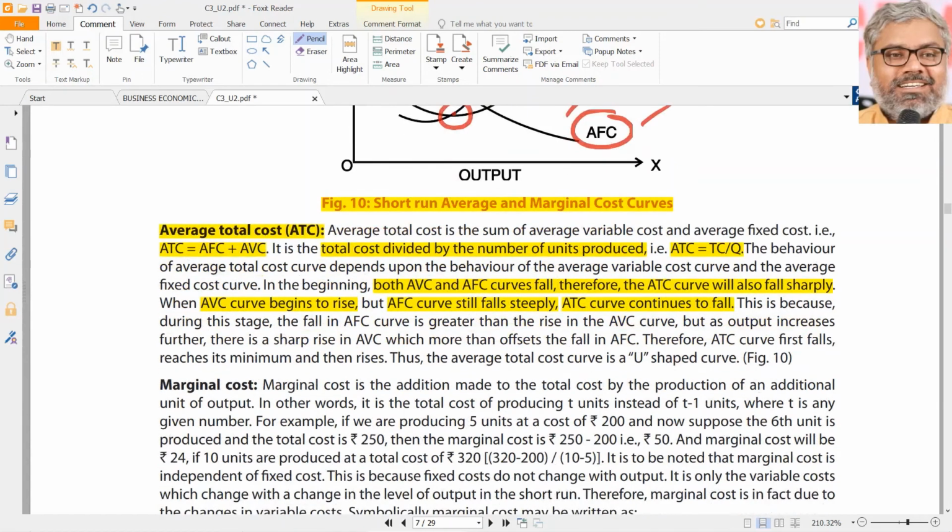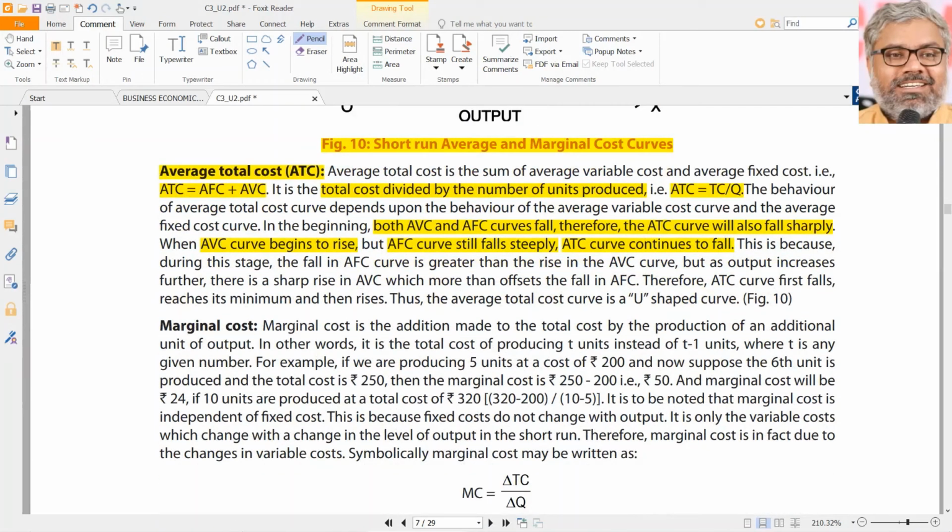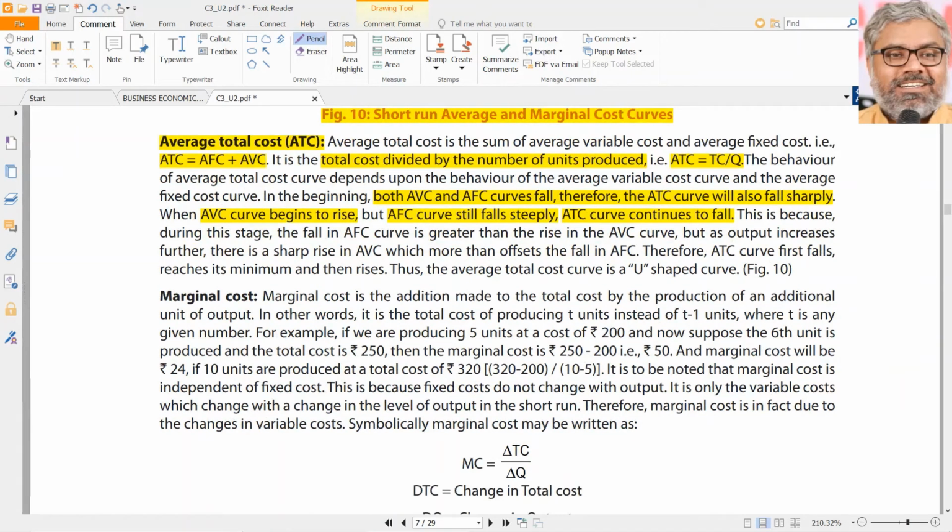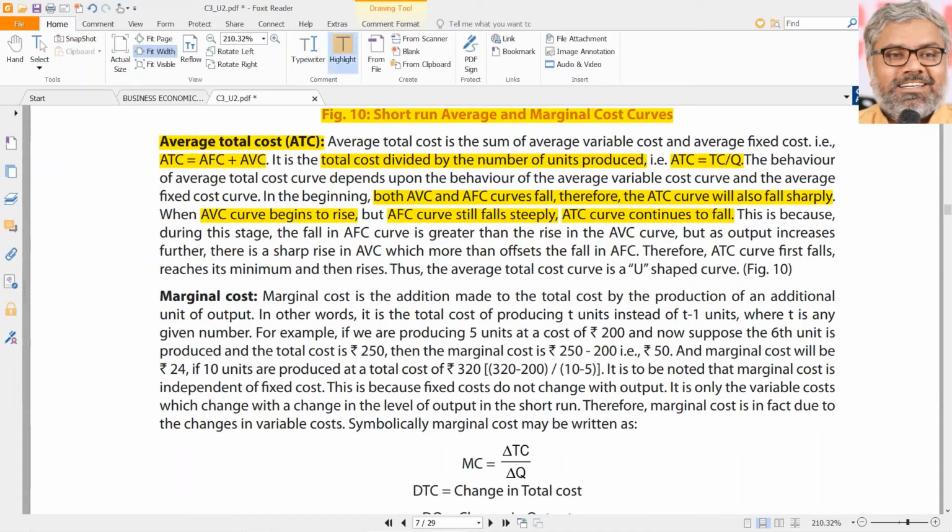That has more effect on the average total cost, and that will further go down even though the average variable cost started going up. Why is this happening? Because the fall in the average fixed cost is greater than the rise in the average variable cost. AFC is falling, AVC is rising, ATC is falling.